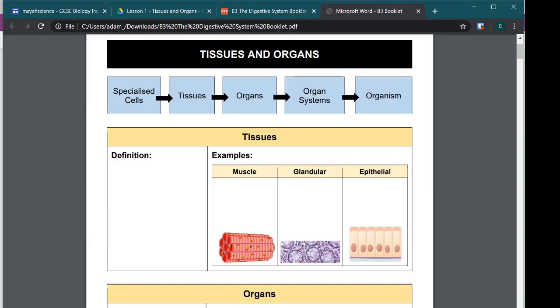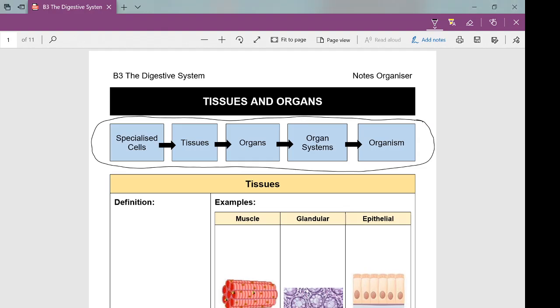Okay, so when it comes to what they're going to be expected, a lot of times they would have fill in the blanks, like say fill in this levels of organization, and then they would say, for example, leave organs out, and then ask you what would go in there, and then you would have to work out that organs would go in there.